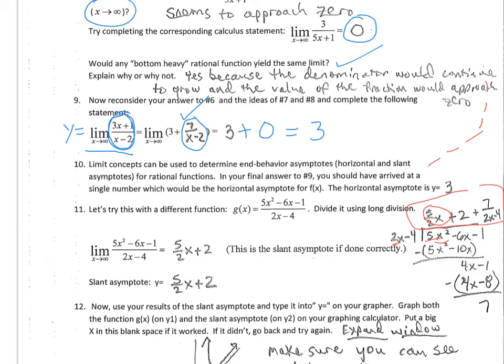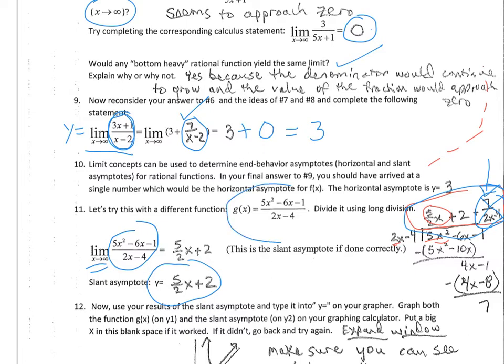Okay, so notice once again, as x goes towards infinity, the result can be rewritten as this plus that fraction. But that bottom heavy fraction, as x goes towards infinity, is going to go towards 0. So I have the slant asymptote y equals 5 halves x plus 2. So that's actually the equation of the line.